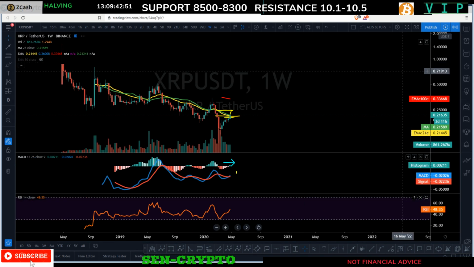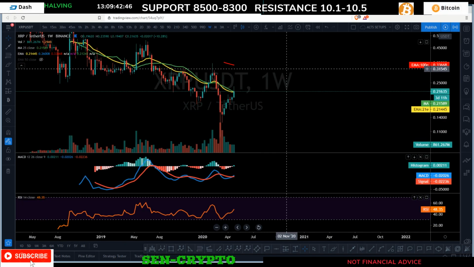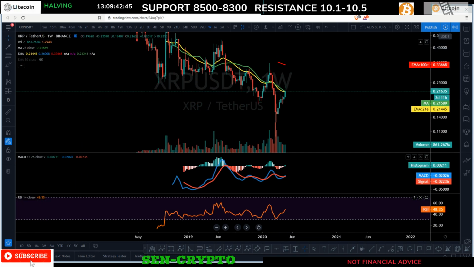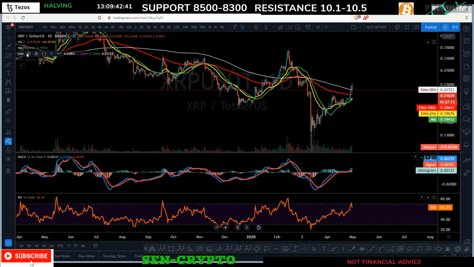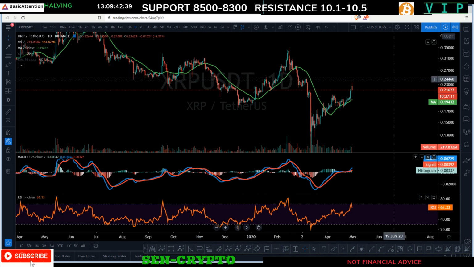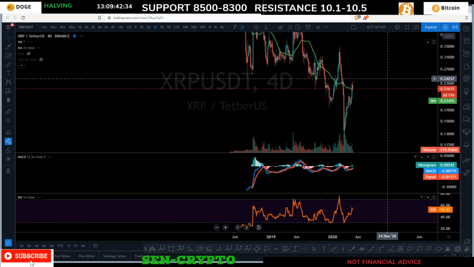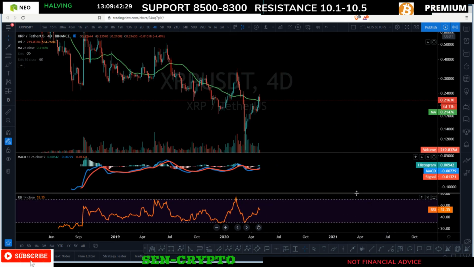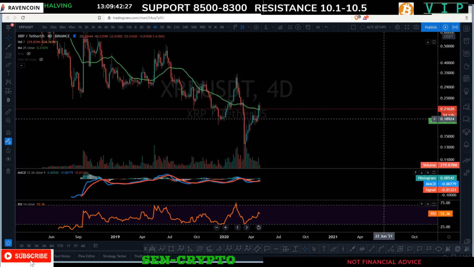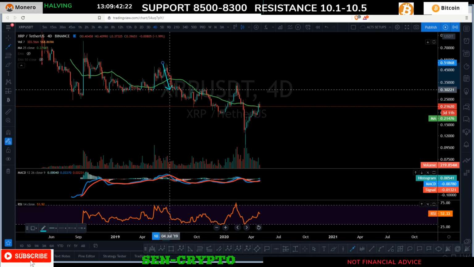So XRP, what are we looking for? As you can see, XRP is basically making the same structure. It already made the structure, right? As I've showed you previously, comparing XRP and BTC, we got this impulse move down, right?